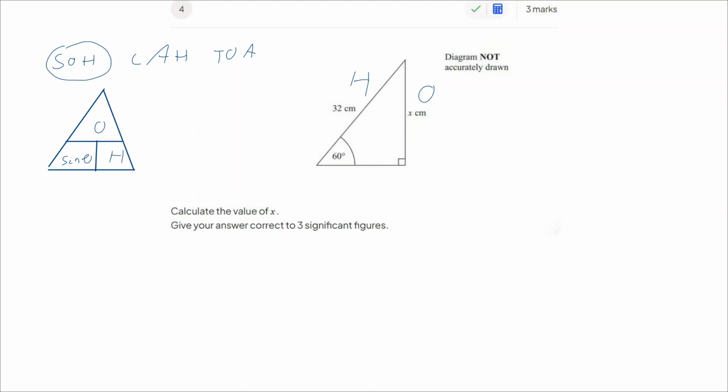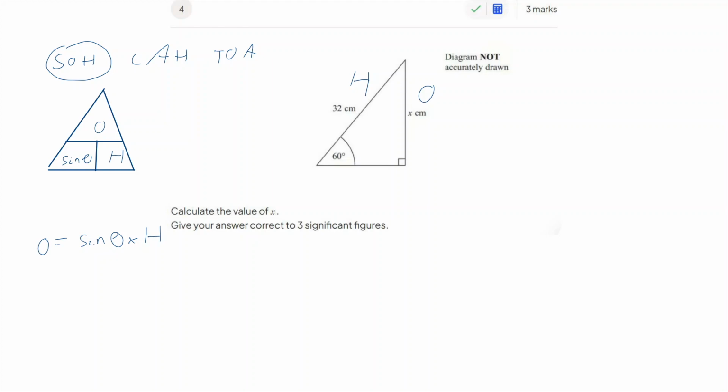Now we're trying to find X here, the missing value, which is the opposite side. So O is going to be equal to sine theta times the hypotenuse. So sin of the angle times H.